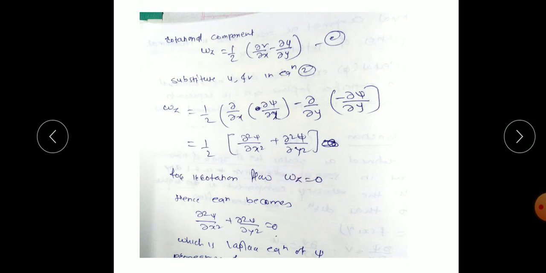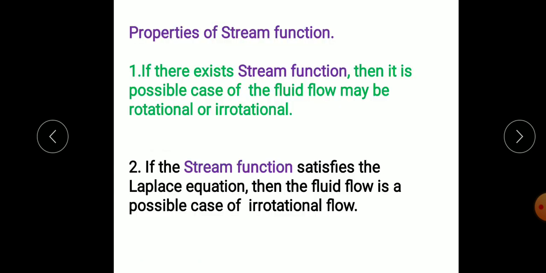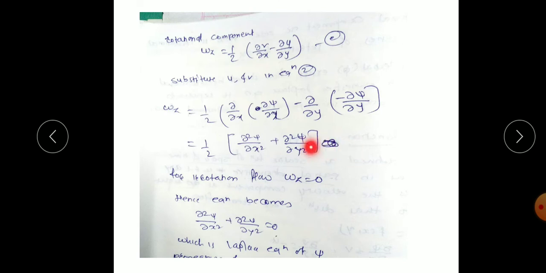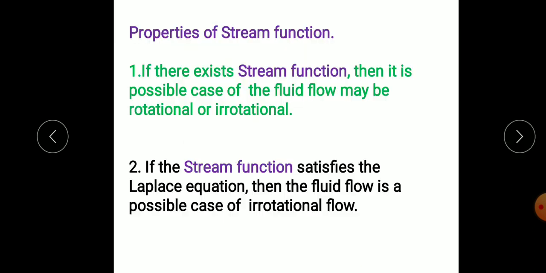So the equation becomes this, del square psi upon del x square plus del square psi by del y square. This is again the Laplace equation of psi. So means if the omega component is 0, then the flow is irrotational. So properties of stream functions are, if a stream function exists, then there is a possible type of flow, but the flow can be rotational or irrotational.